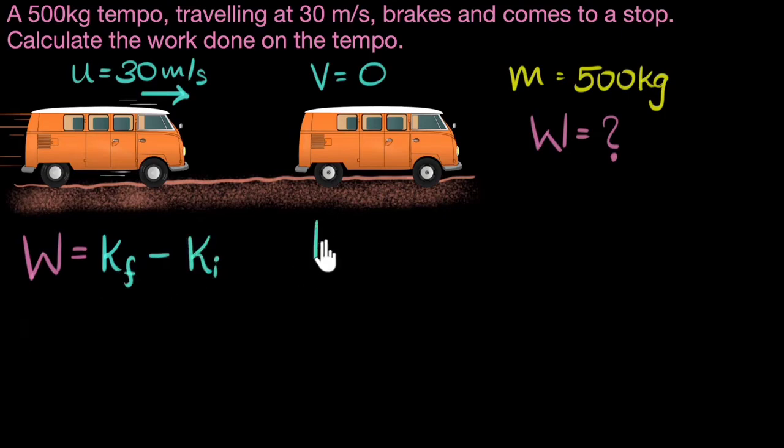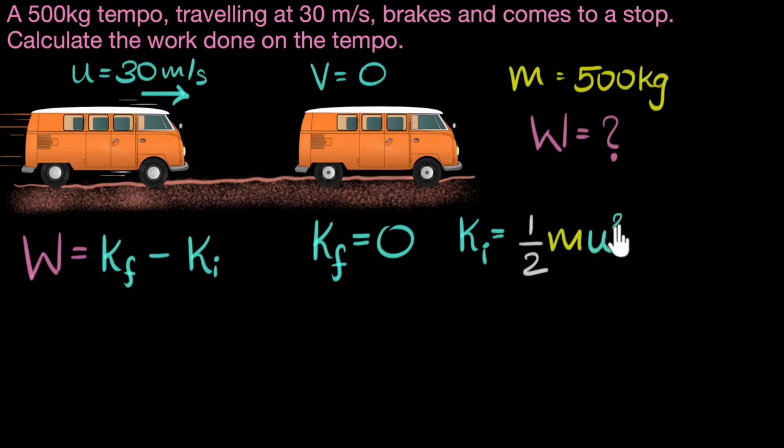This time, what's the final kinetic energy? Well, the tempo is at rest, velocity is 0, so kinetic energy becomes 0. Okay, what's the initial kinetic energy? Again, we can say it is half times mass times the initial velocity squared.